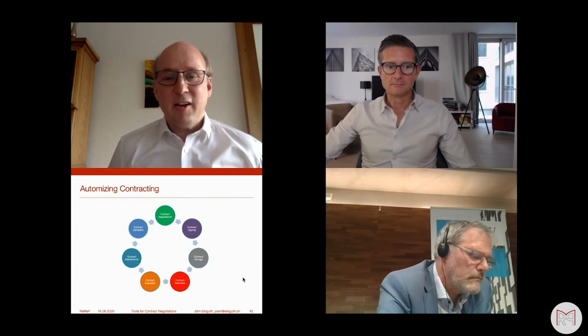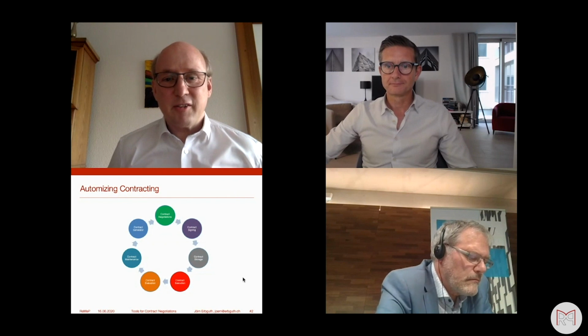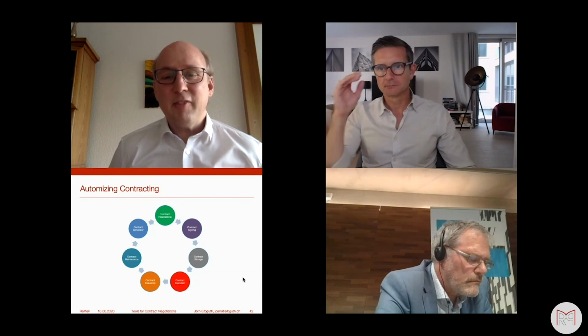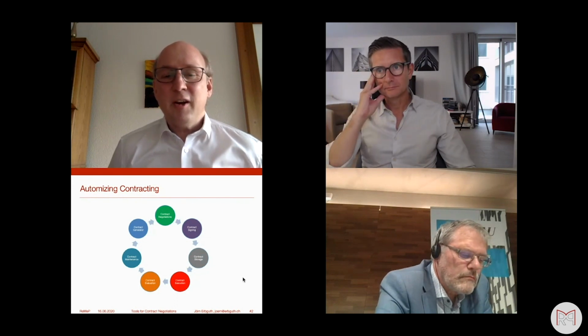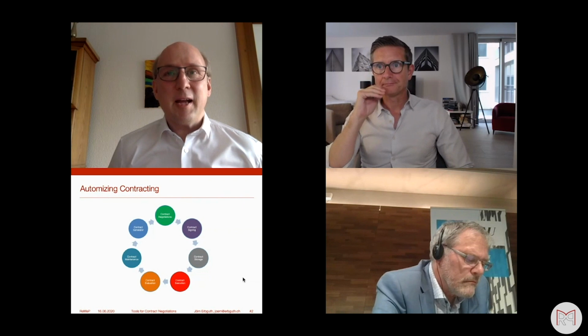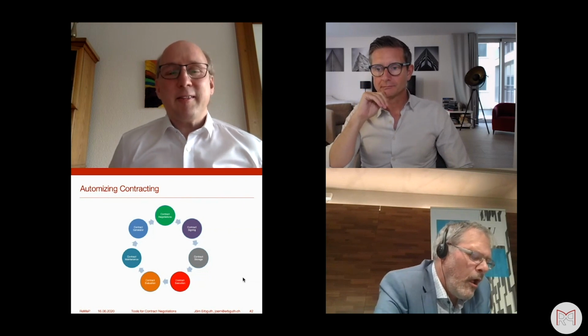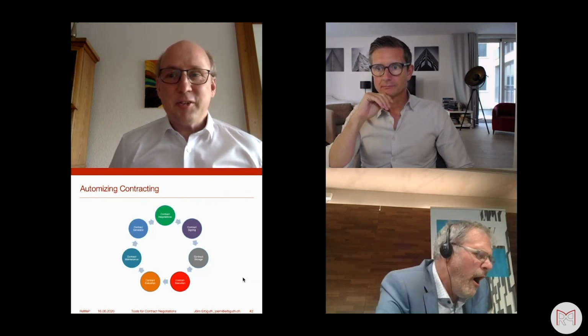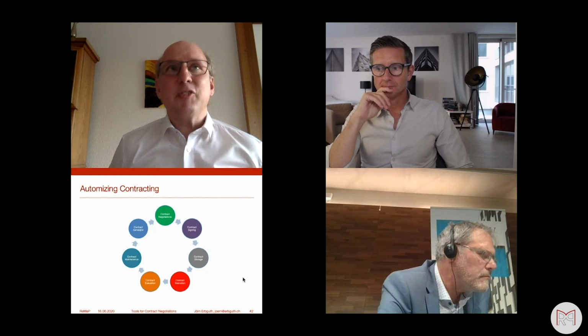If you have like 10,000 rental contracts, you don't want to spend thousands of hours evaluating what kinds of clauses and conditions are agreed in each contract. There you can apply AI. So basically, this is the introduction to the topic of automating contracting.